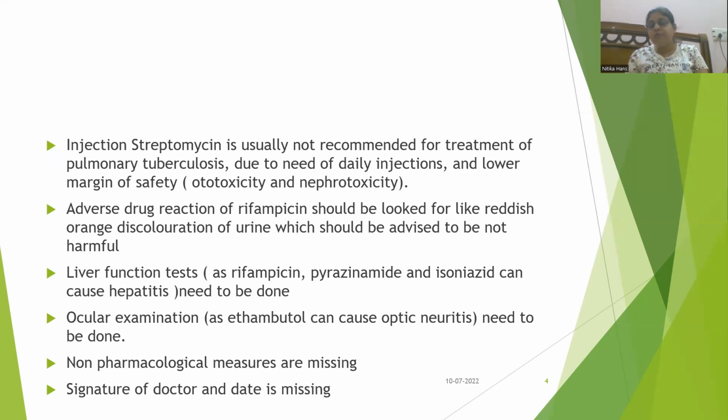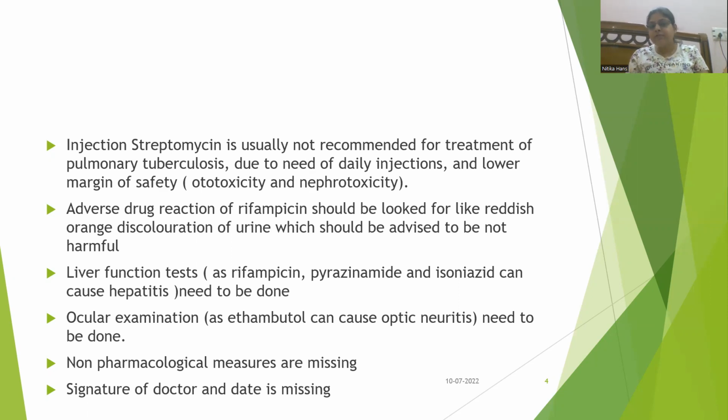Adverse reactions of rifampicin should be looked for, like reddish orange discoloration of urine. The patient should be advised that this is not harmful; it is a side effect of rifampicin.